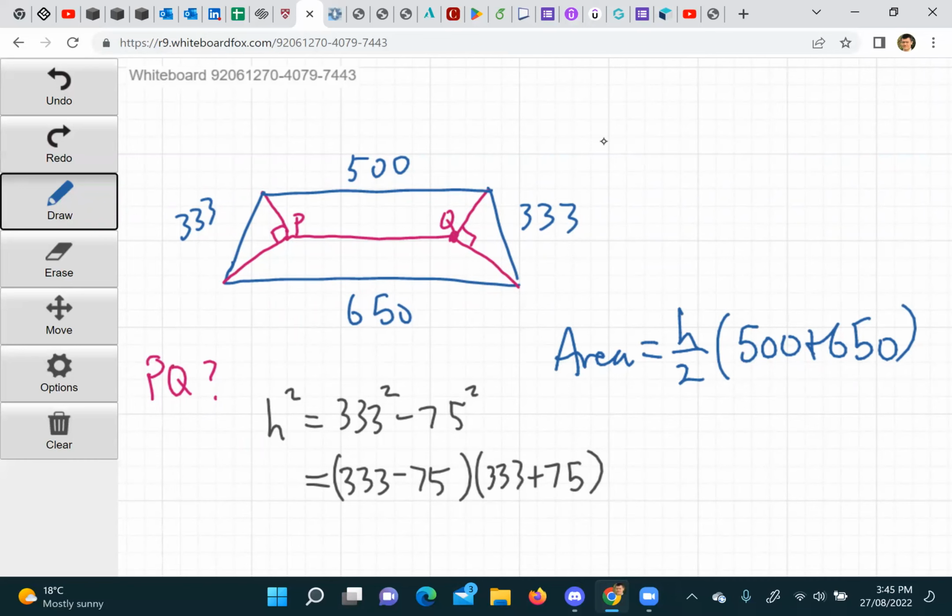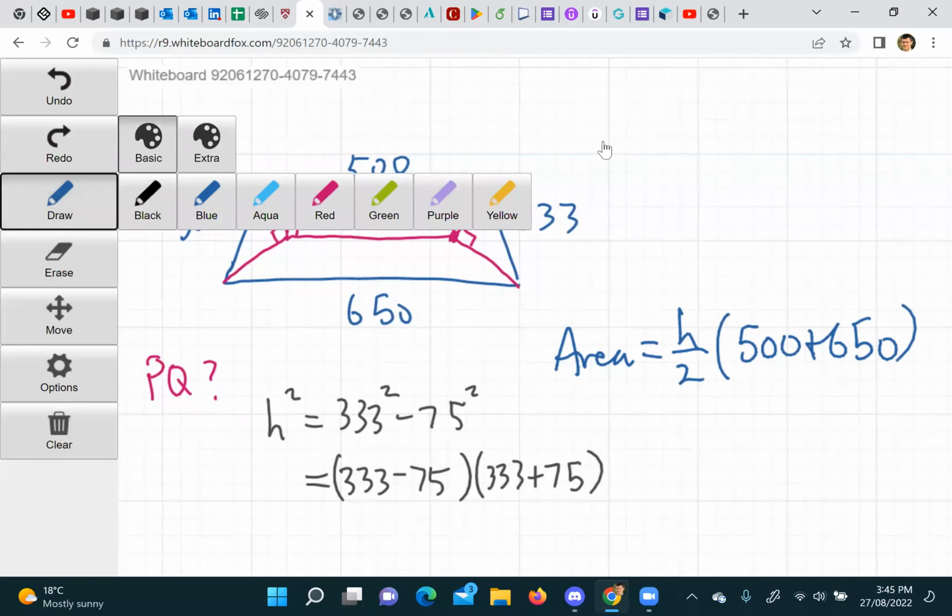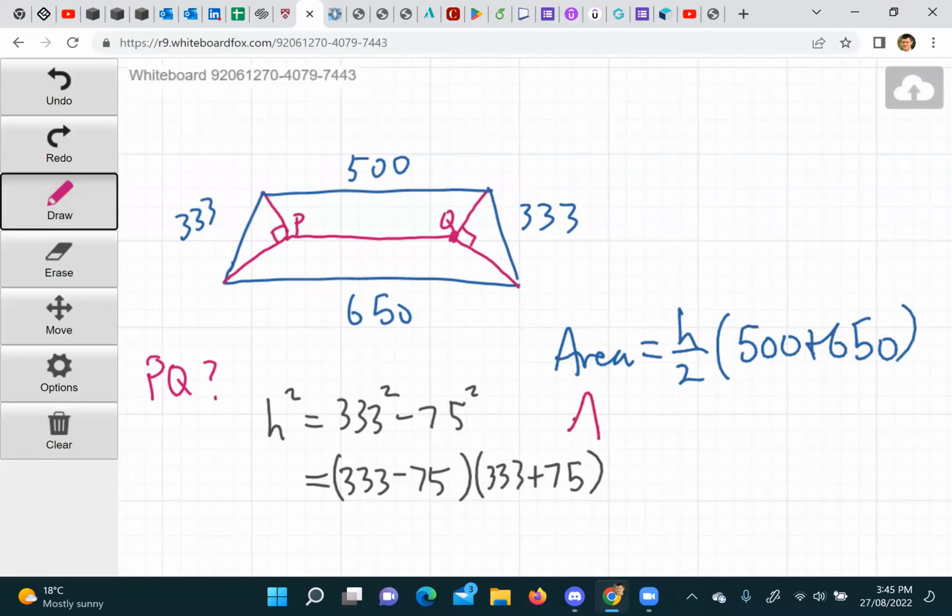We know h, so we know what that is, right? Mm-hmm. Okay, what's another way to get the area? Let's put this one in red. The shapes, yeah. 500 times h times 75.